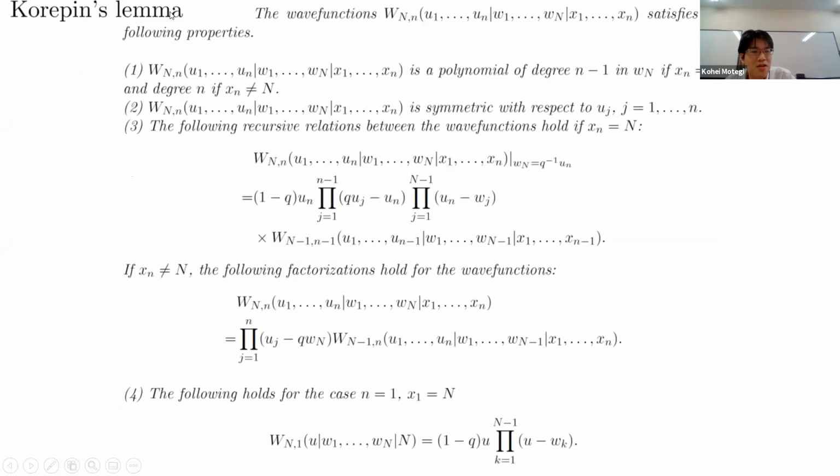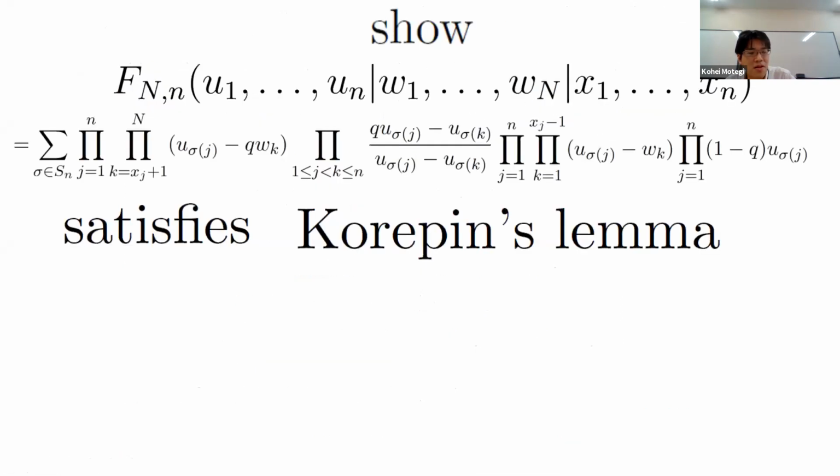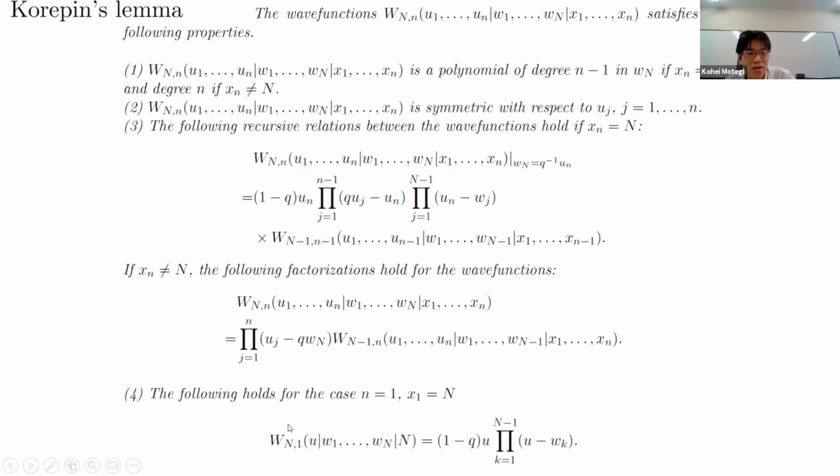So this is the first step. So we constructed the recursion relation and initial condition for the wave functions, and then we can show this multivariable function satisfies all these properties.